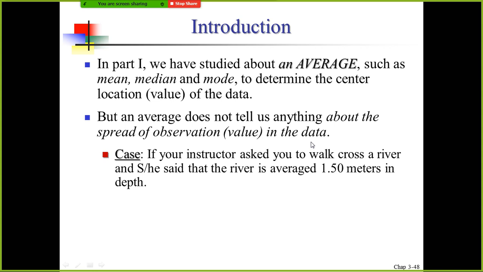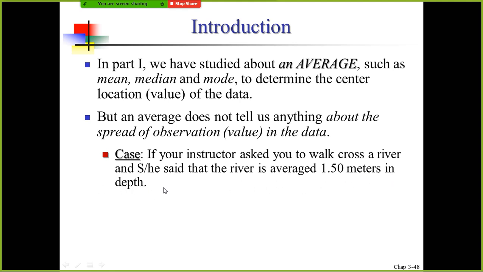Okay, I have one case study. If your professors, teachers, or instructors asked you to walk across a river, not swim across, walk across a river, and your instructor said that the river averages 1.5 meters in depth.